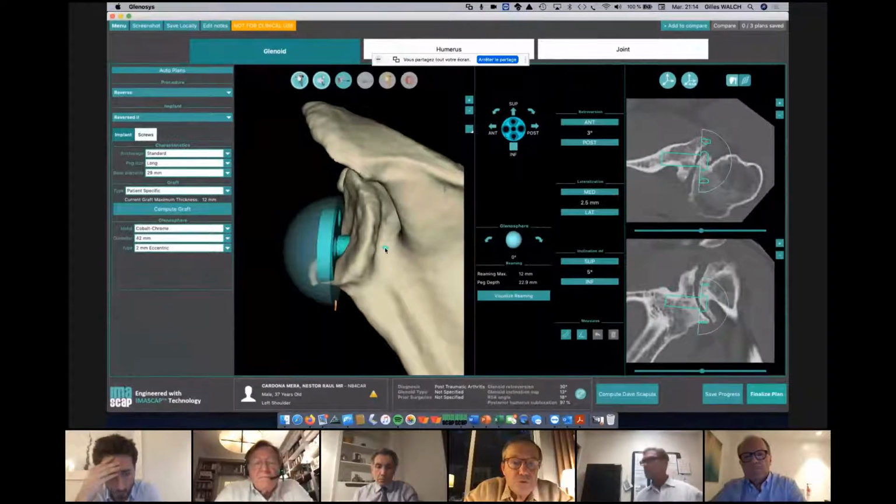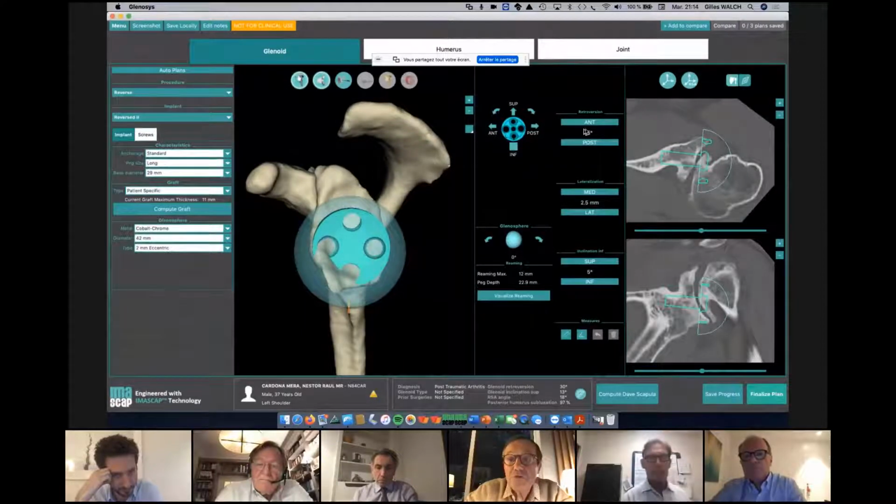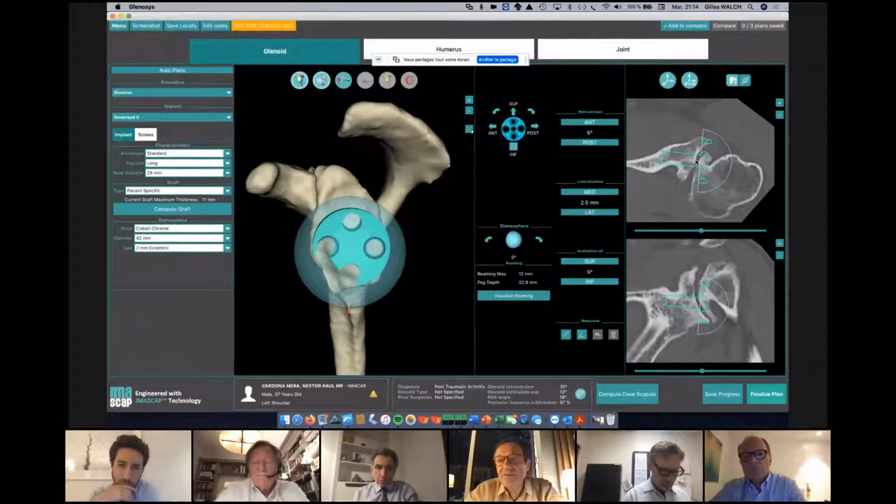Here, in order to avoid this posterior perforation, I put few degrees of retroversion like this. So it's 5 degrees retroversion to avoid this perforation. And now I like to lateralize at least between 5 and 7 millimeter in the center of the post.